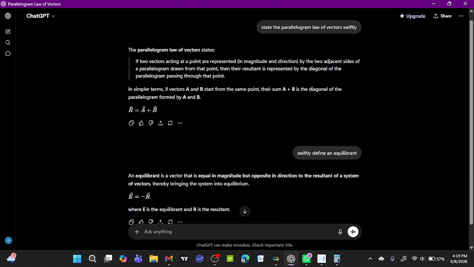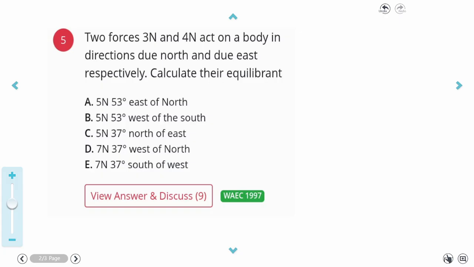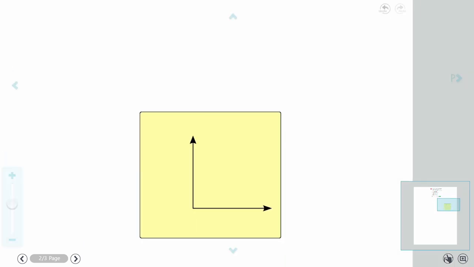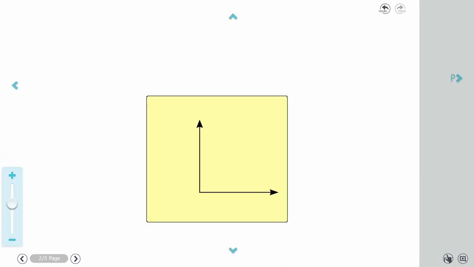I'm going to show you a pictorial representation of everything that was stated here. So let me take you back to the board. We have here two vectors acting at a point, due north and due east.